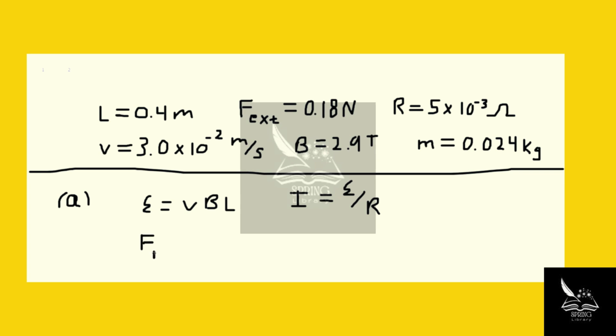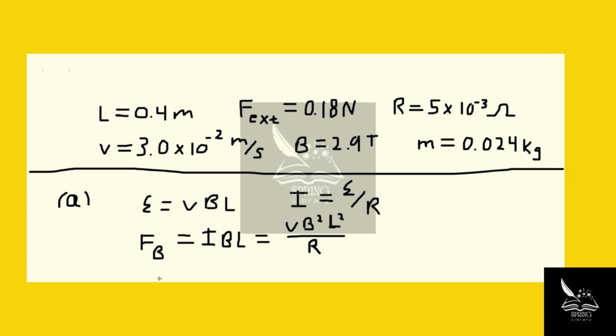Therefore, the force from the magnetic field B is equal to I times B times L, which is equal to V times B squared times L squared divided by R. Now that we know the force of the magnetic field, we can use Newton's second law.